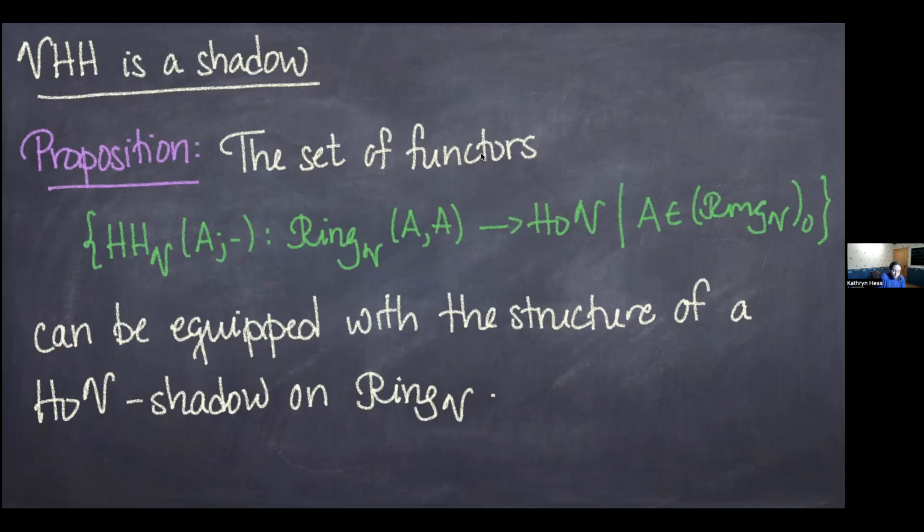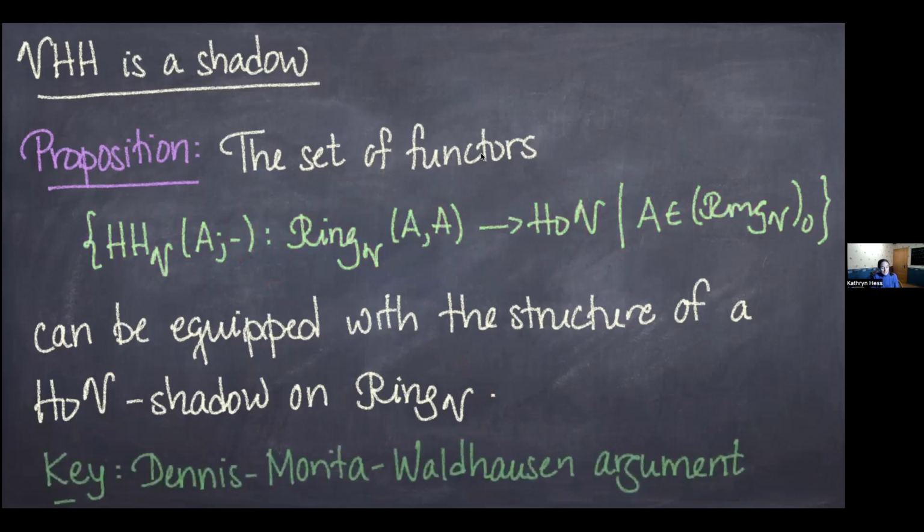And what's missing to have a shadow is the trace-like property of the shadow, with the existence of these natural isomorphisms, these thetas that I was talking about. The existence of these thetas comes from something called the Dennis-Morita-Waldhausen argument. What you need to look at in that case is a bar construction of a bar construction, looking at it in two different ways, horizontally and vertically, comparing these bisimplicial objects.